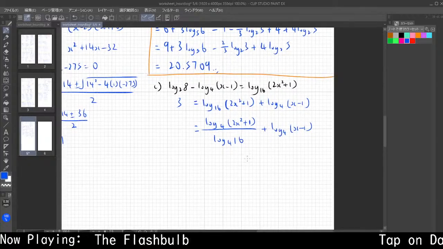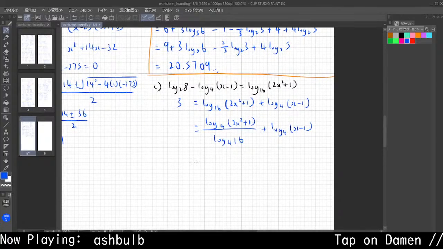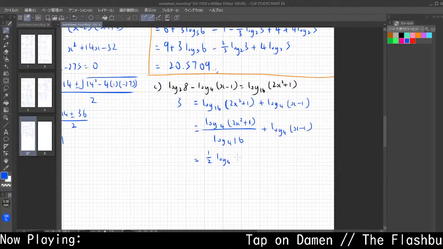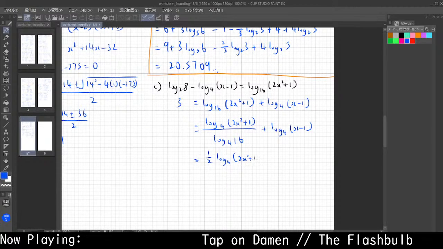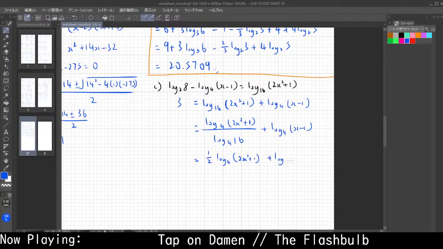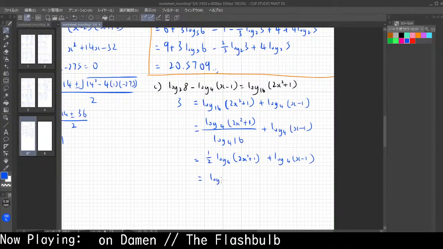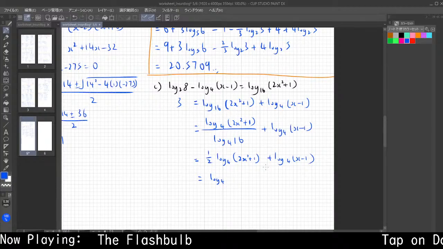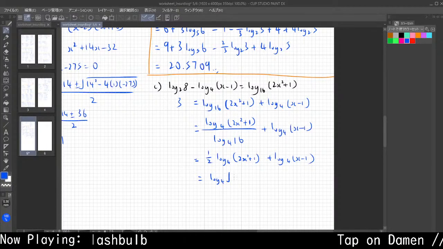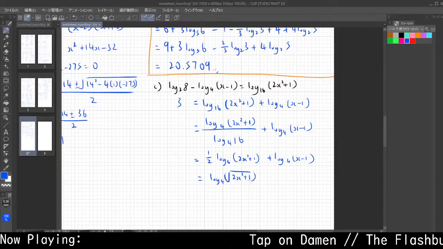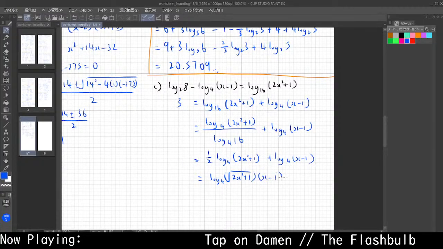Log base 4 of 16 is 2. Okay, and then this will just become a 1 over 2 in front. And then you want to combine together, so this should turn into a square, so you would form a square root. And this will combine with the other x minus 1.